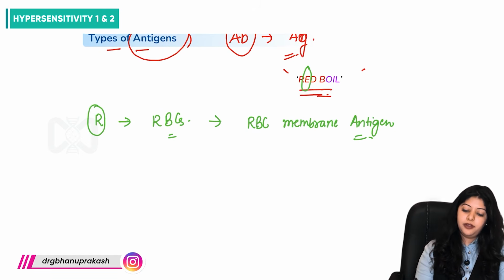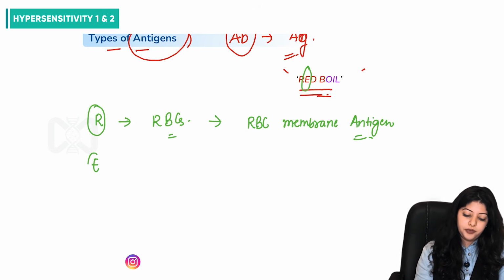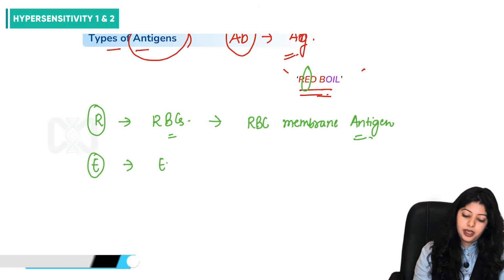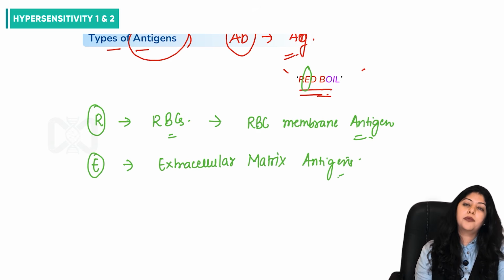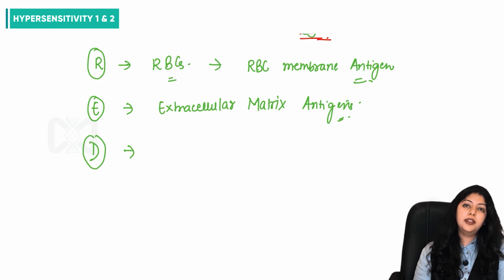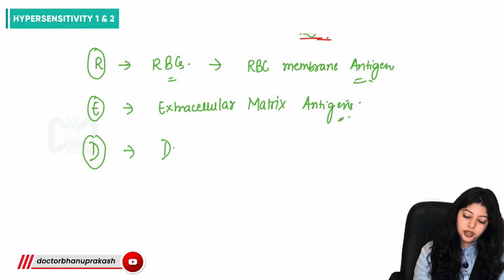Then we have the second letter A, which is extracellular matrix or extracellular matrix antigens. Then can we use the letter D for drugs which can act as antigens?